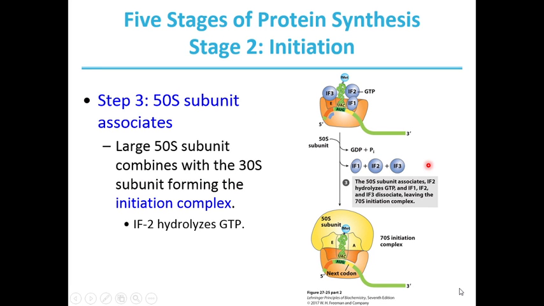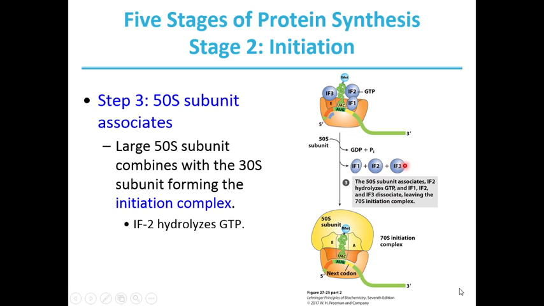In step 3 of stage 2, the initiation factors are released, and this is achieved by hydrolysis of GTP to GDP. And remember, GTP is bound to initiation factor IF2, and once GTP gets hydrolyzed to GDP, the energy released is used to release the initiation factors.